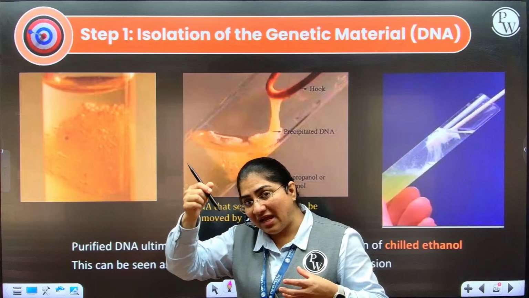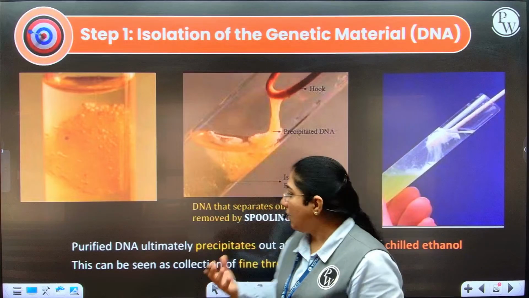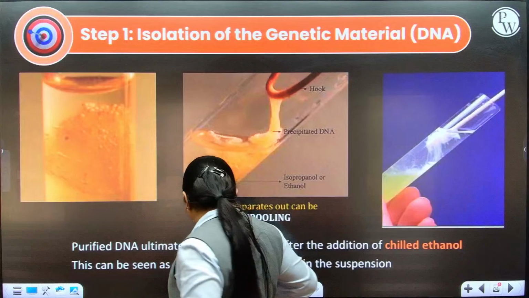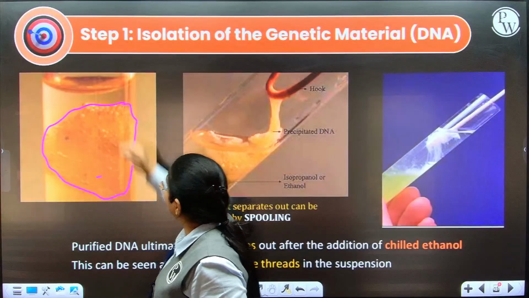Now as we add chilled ethanol, there are a lot of reactions, ionic changes that take place, because of which our DNA in the suspension will precipitate. Now you can see this in the form of a precipitate.